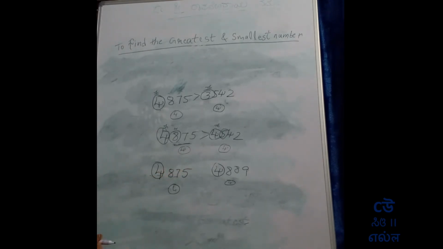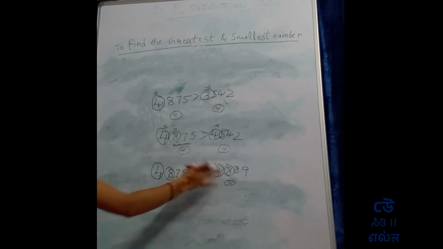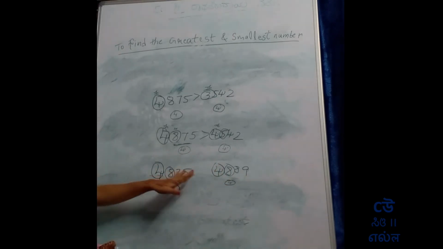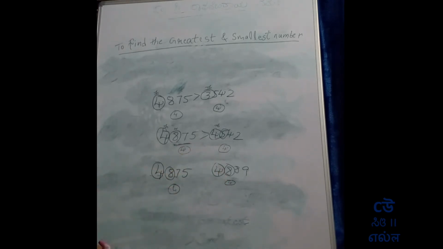So what should we do? We have to go forward to the next digit, that is hundreds place. The digit at the hundreds place, you have to see: 8 and 8. Again we found the same number in both numbers.